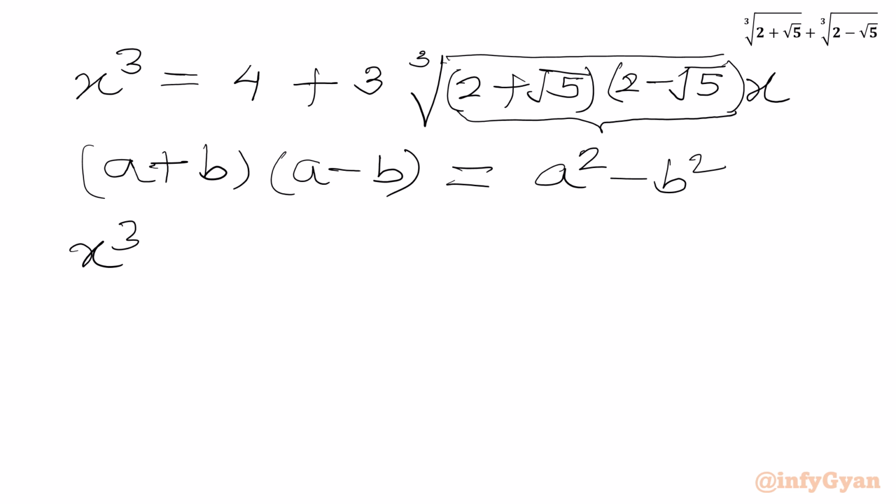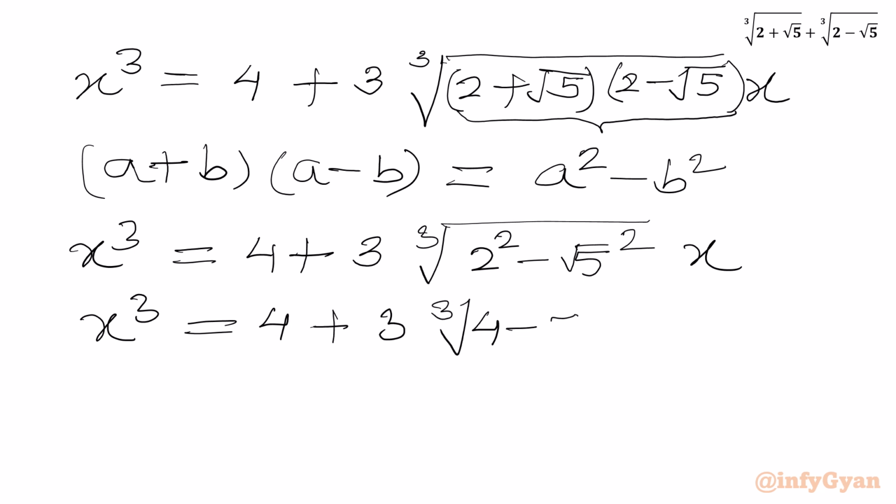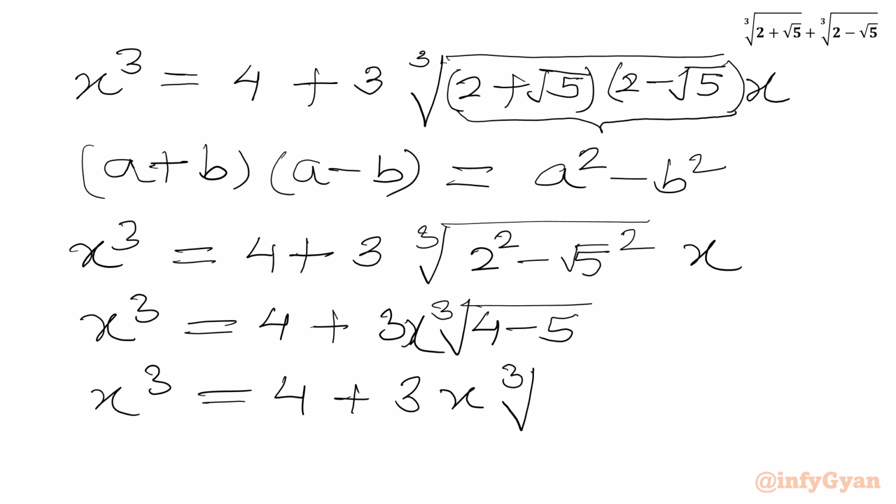So I will write x cube will be 4 plus 3 times cube root of 2 square minus root 5 square times x, or we can write x cube equal to 4 plus 3 times cube root of 4 minus 5 times x. Let me write x here. So x cube will be equal to 4 plus 3x times cube root of negative 1.